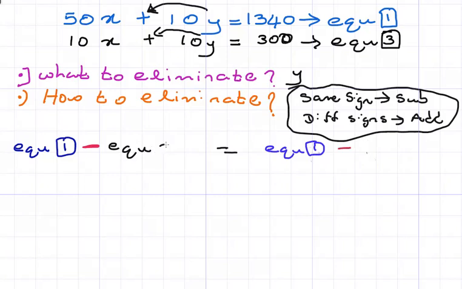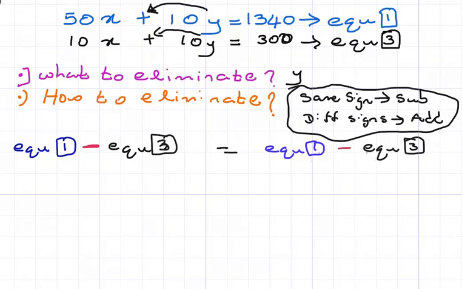I should be writing equation 3 here, right? So equation 1 subtract equation 3 equals, you have to do the same thing on the right-hand side too. So equation 1 minus equation 3. Now, I prefer this way of writing, but some of you would have different practices.